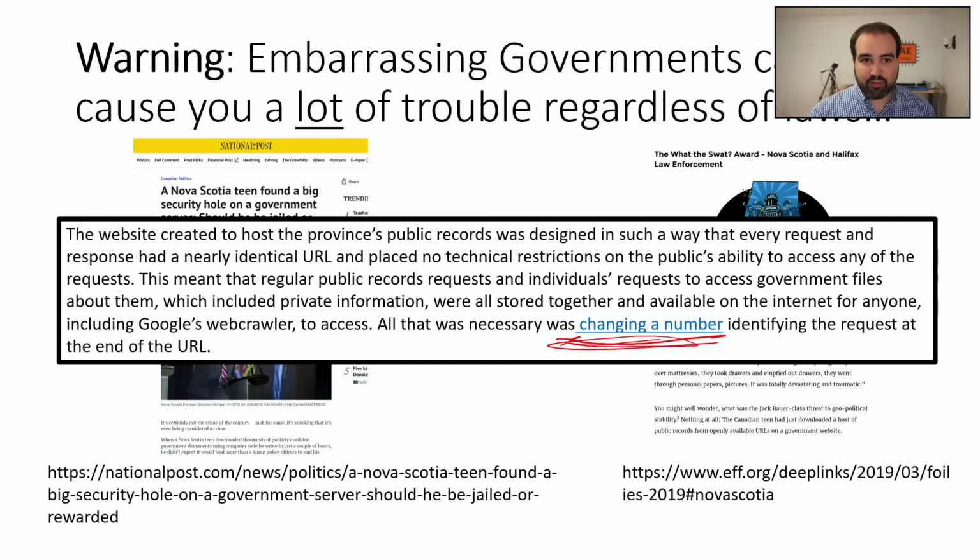It didn't actually authorize who was allowed to download it. It had a nearly identical URL, so there's no login, there's nothing. It's very vague whether this counts as hacking. In the end, it was dropped, but this person went through a lot of hassle, more or less because they embarrassed the government.